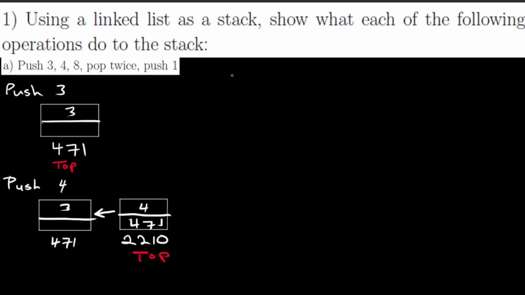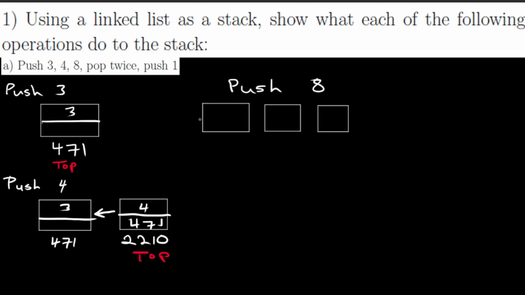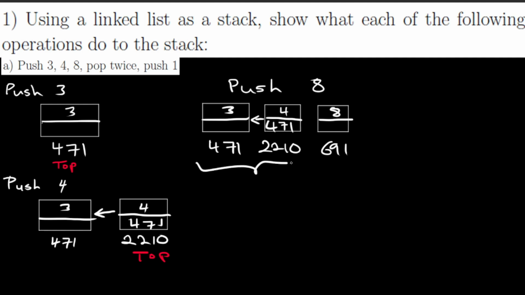So now what's next? Next up is adding an 8. So we're going to push 8 onto the stack, and it's going to be the exact same sort of process, right? So we just draw our 3 pieces of data. Okay, so this part right here is the same as before, right? And now we're adding an 8, which we're going to put in memory storage 691. And in order to link them, we need to have 8 point to the memory address of the 4, or the previous top of the stack, right?